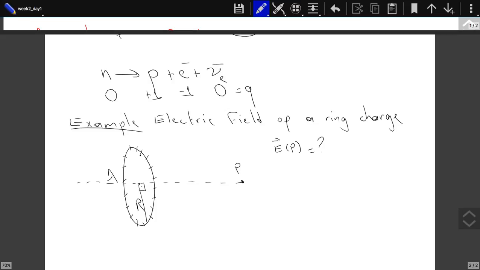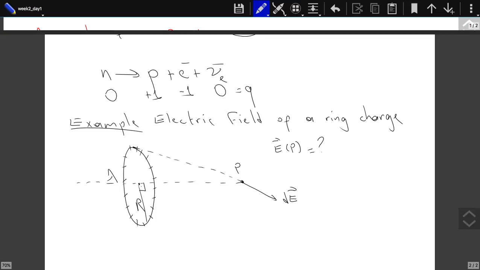It will also contribute to the electric field, and the electric field of that symmetrical segment will be this one. So this segment creates an electric field in this direction, and this segment creates an electric field in this direction.